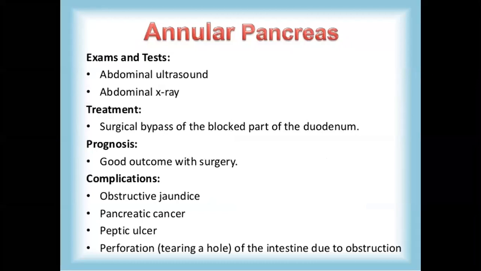What kind of investigations are we going to do? Abdominal ultrasound scan, abdominal X-ray. Treatment is surgical bypass of the blocked part of the duodenum. It has a good outcome with surgery. Its complications can be obstructive jaundice, pancreatic cancer, peptic ulcer, and perforation, a tear or hole of the intestine due to obstruction.